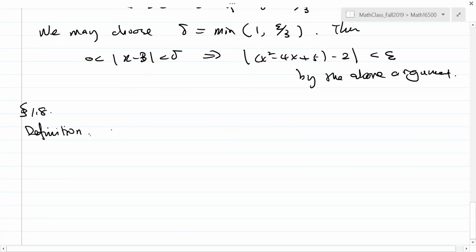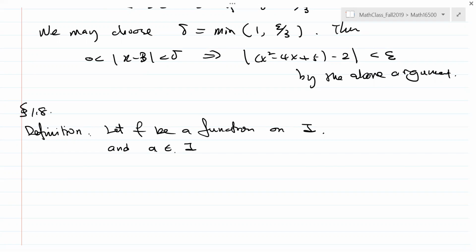Let f be a function on an interval I, okay? I usually means the interval, and the number a is in the interval. This notation means in the interval. a is a number. It could be an endpoint, okay?